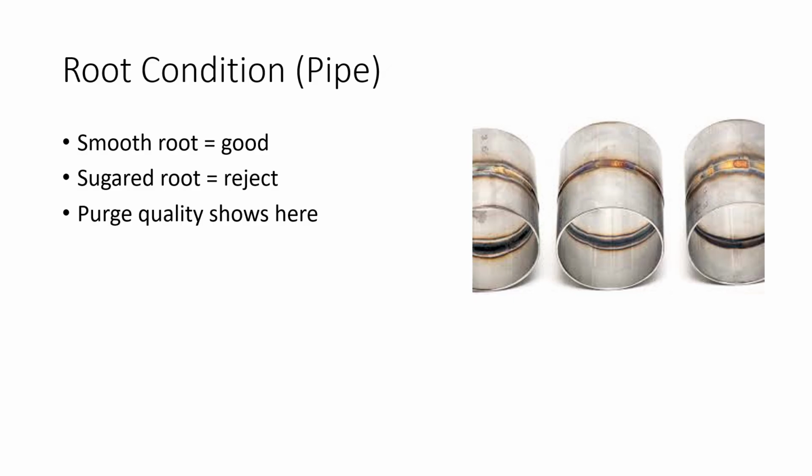Let's say you got in a hurry and you did a sloppy purge on that backside and started welding before you got the oxygen levels down below an acceptable level. It's going to show up here. It's going to show up if you took shortcuts and tried to go too fast. Or maybe your purge dams on the inside of this weld were damaged. Maybe there's a leak somewhere. This is where it's going to show up.